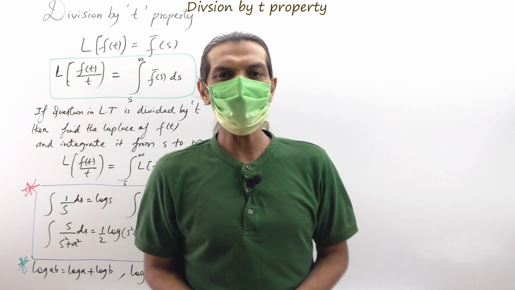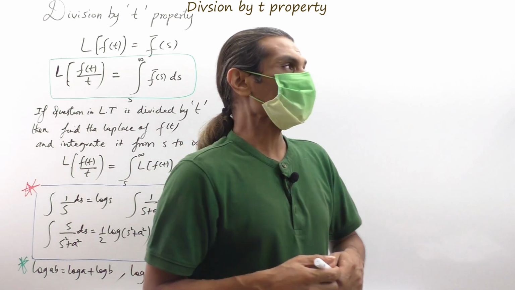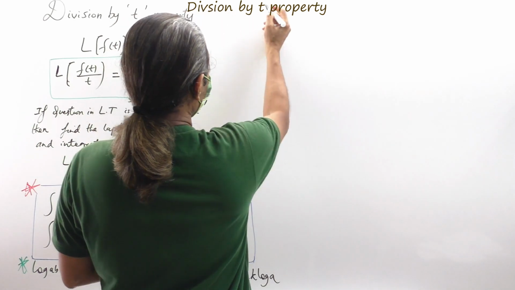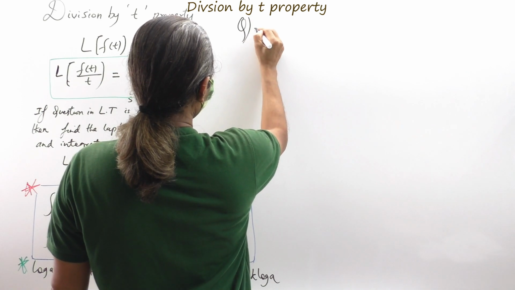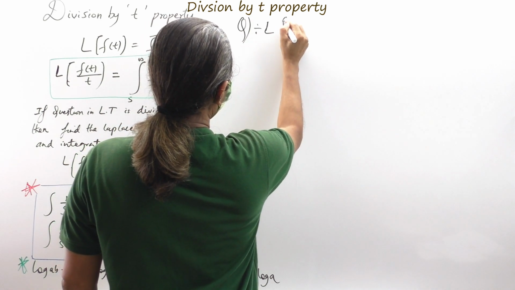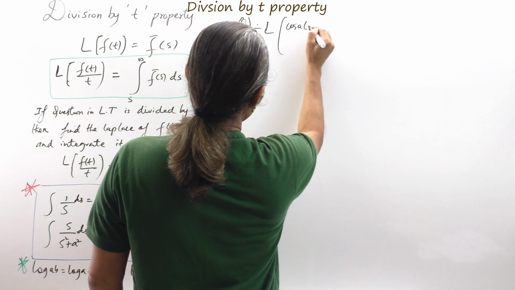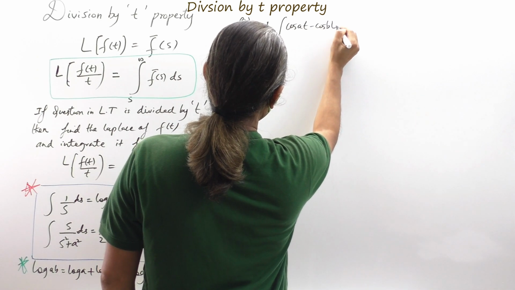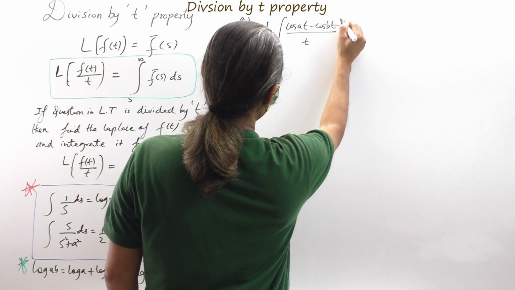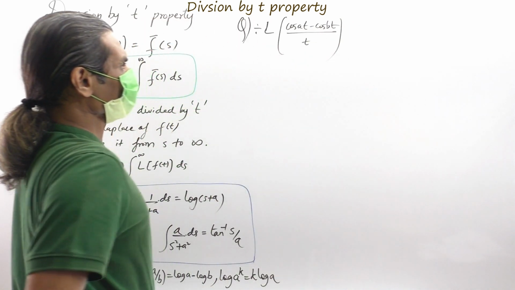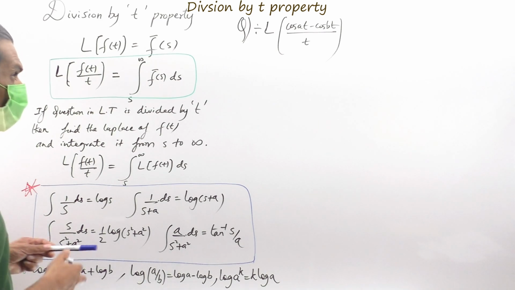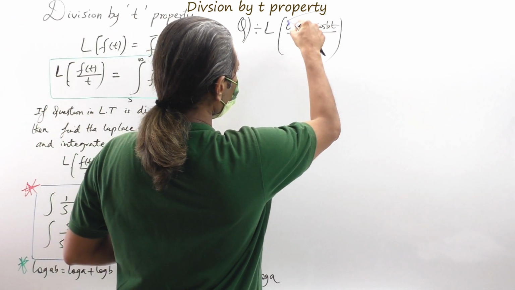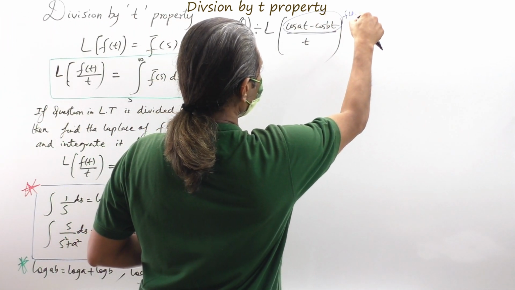So, let us solve one more very important exam question here. This question has been asked many times in examination. The question says, find the Laplace of cos a t minus cos b t divided by t. Again, if you see here, the numerator is f of t.